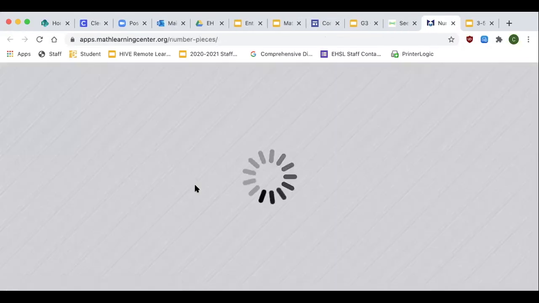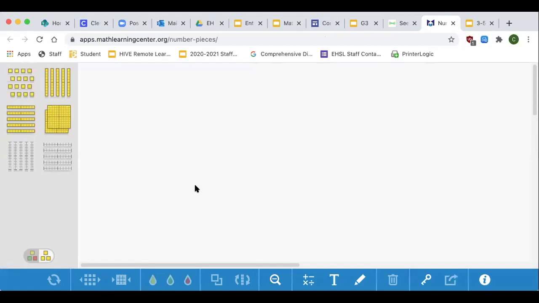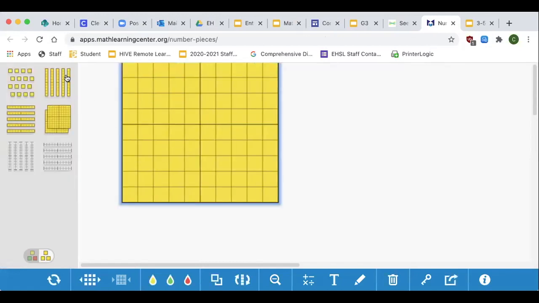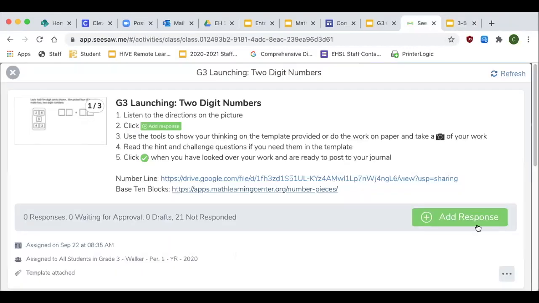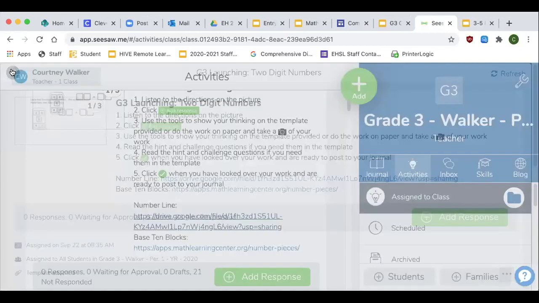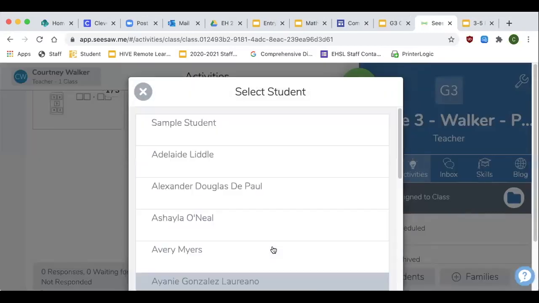This one has base 10 blocks in it, and you can click and drag base 10 blocks if you're going to use them. So let's take a look at what the problem is today.